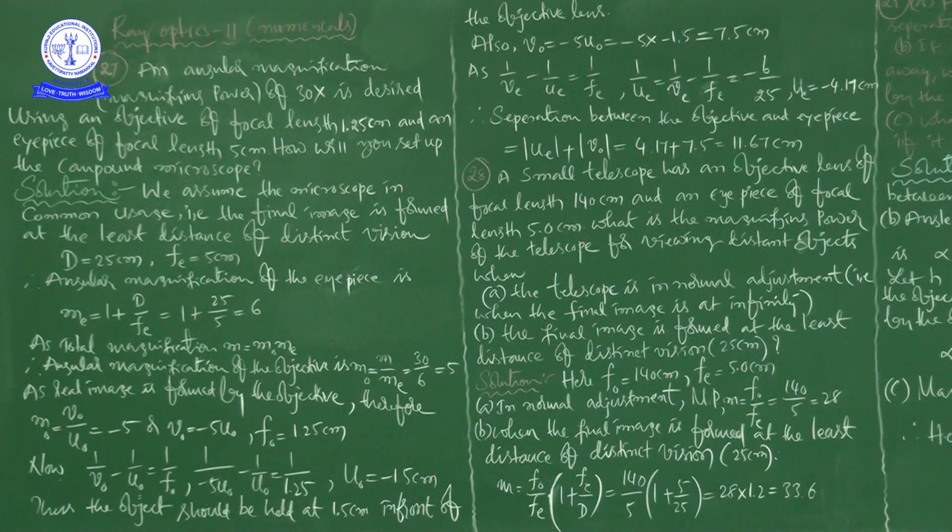See this. In this problem, they have given the angular magnification, that is the magnifying power, almost 30, desired using an objective of focal length 1.25 centimeters and an eyepiece of focal length 5 centimeters.